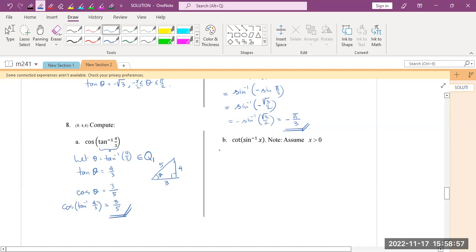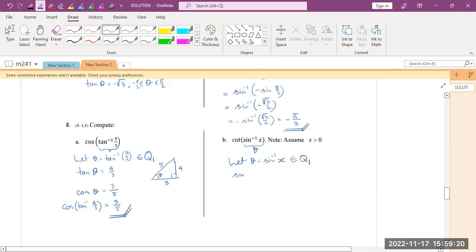Now, using the same concept, what happens if we have cotangent of sine inverse x? Call this theta first. Let theta be sine inverse of x. Now x is positive, which means that sine inverse of x, that angle, is in quadrant 1, right?